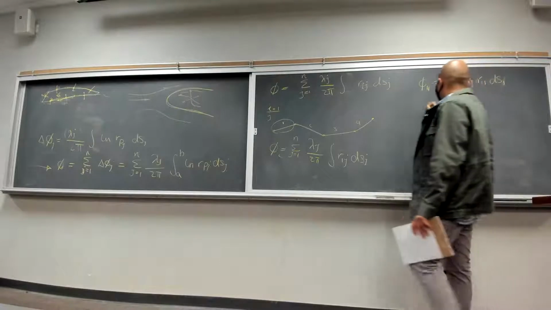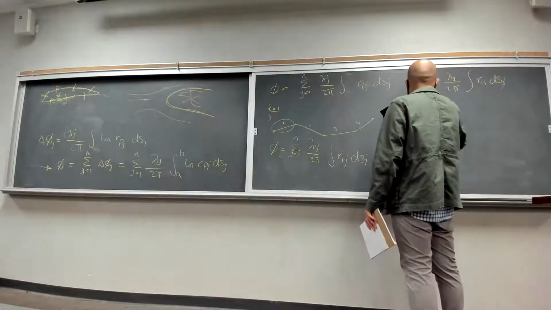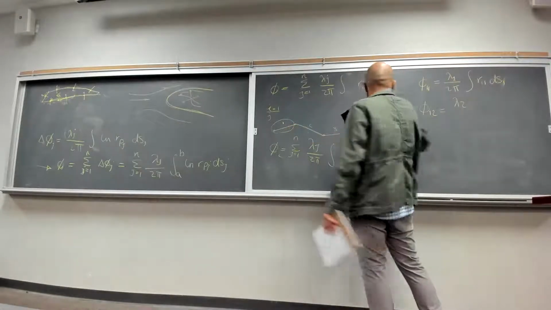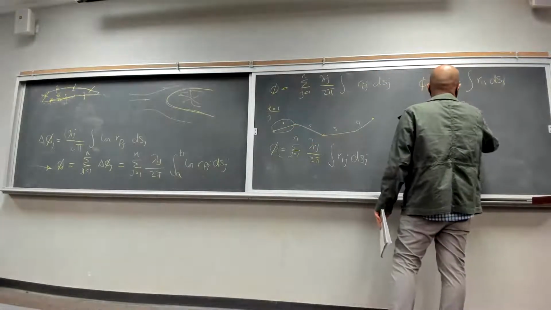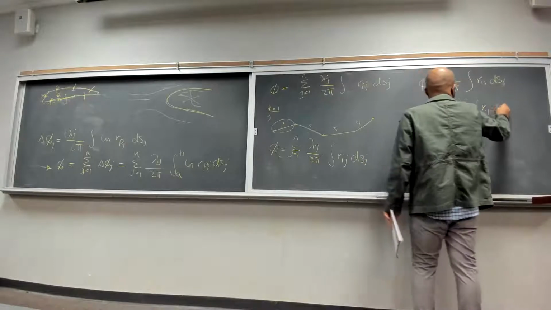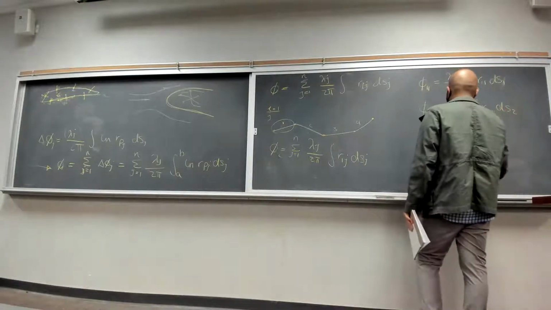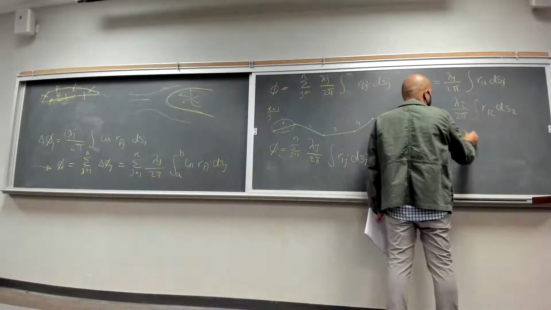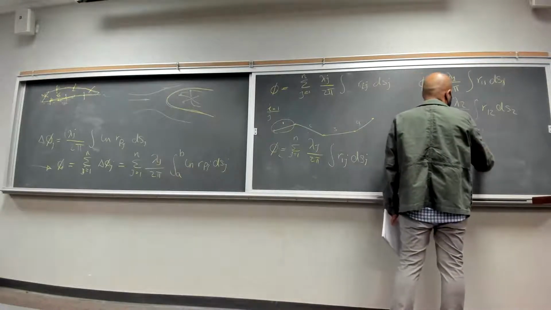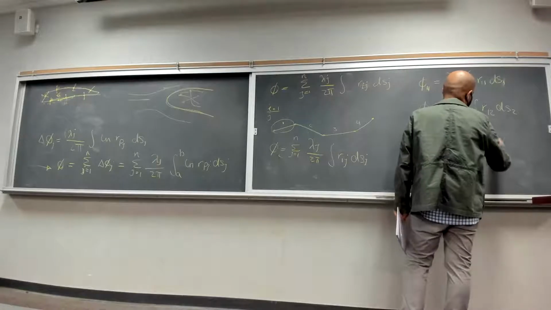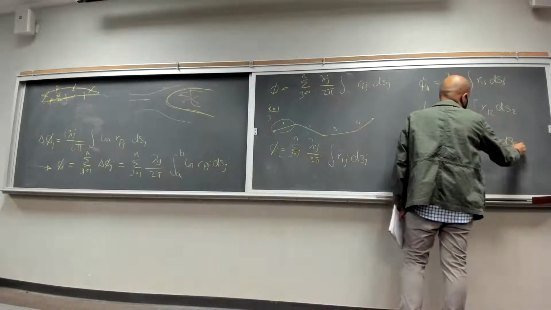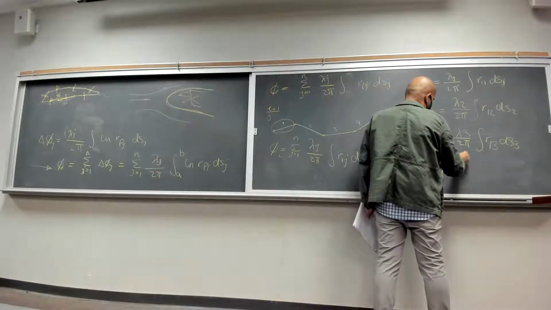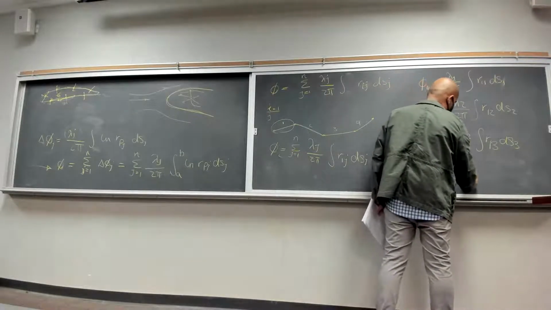Then phi induced by 2 on 1 is going to be lambda 2 over 2 pi, integral of r_12 ds_2. Phi induced by 3 on 1, lambda 3 over 2 pi, integral of r_13 ds_3. And then phi induced by 4 on 1, lambda 4 over 2 pi.